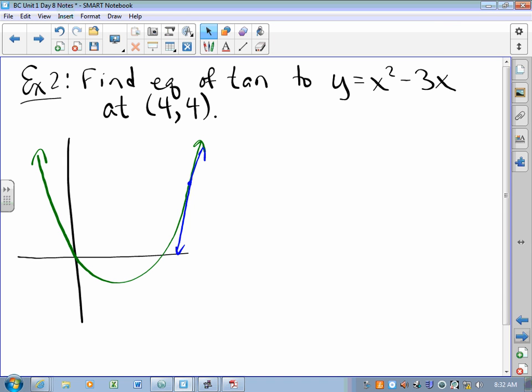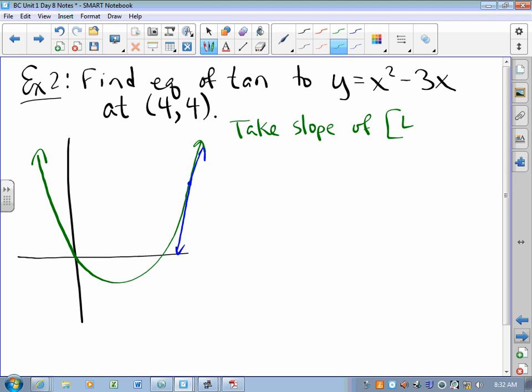And the way we do this is we take the slope of a secant from x equals 4 to x equals 4 plus h. And h is always a tiny positive quantity.